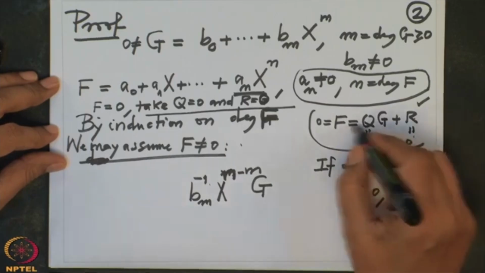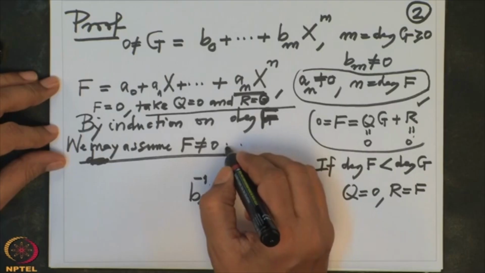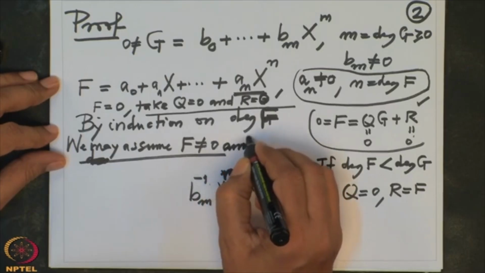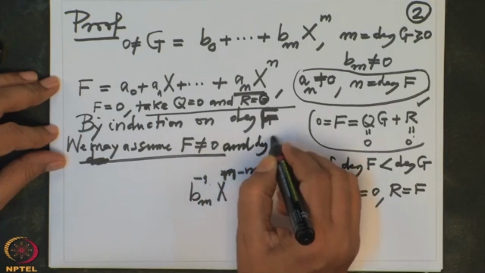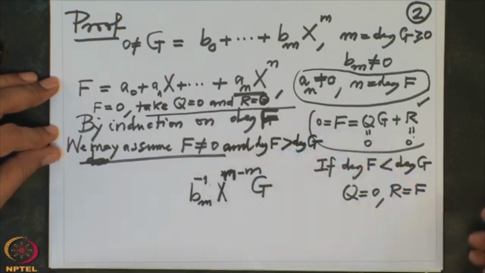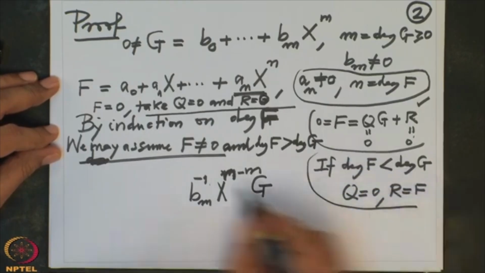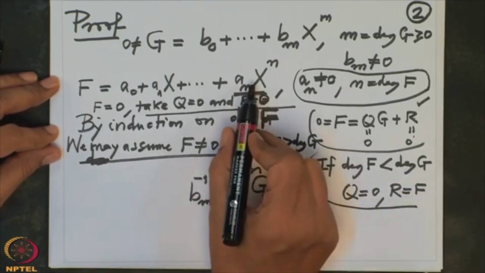Then this equation is also satisfied. So without loss of generality, I can assume f is non-zero and the degree of f is strictly bigger than the degree of g.